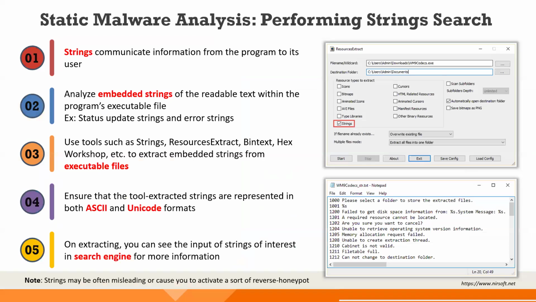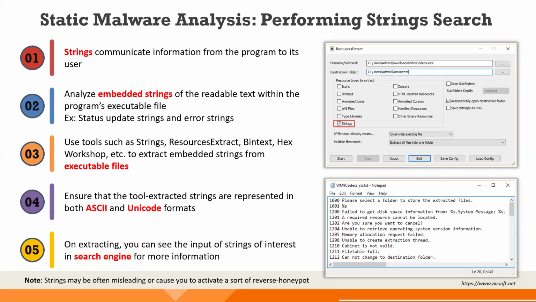Strings, as I told you, sometimes you can extract information from a malicious file. When you extract the strings, you are able to understand some important strings that could at least give you a hint about the functionality of this malware. You analyze the embedded strings, which are just the readable text within the program's executable file.